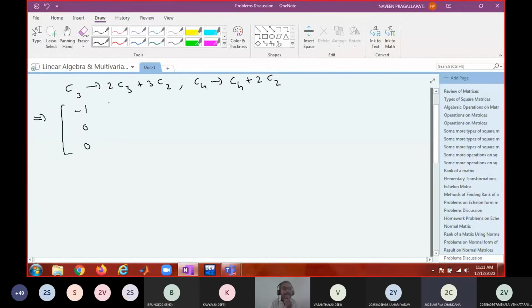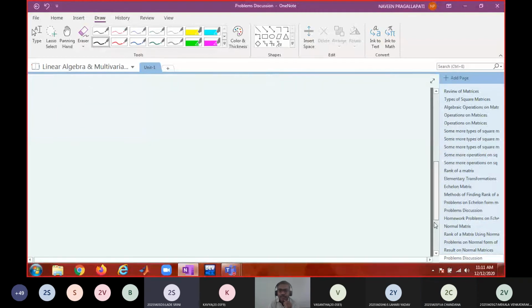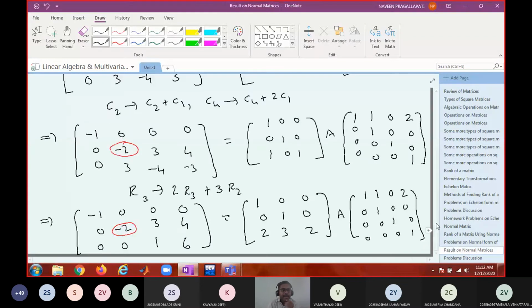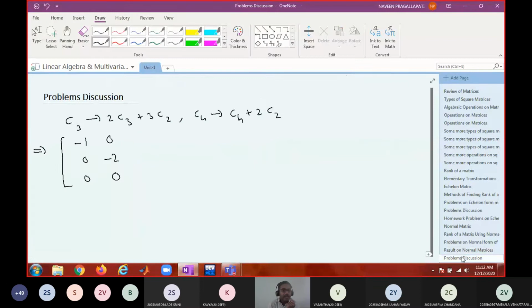Second column? 0, minus 2, 3. We already made this entry 0, no? 0, minus 2, 0; minus 1, 0, 0; 0, minus 2, 0.